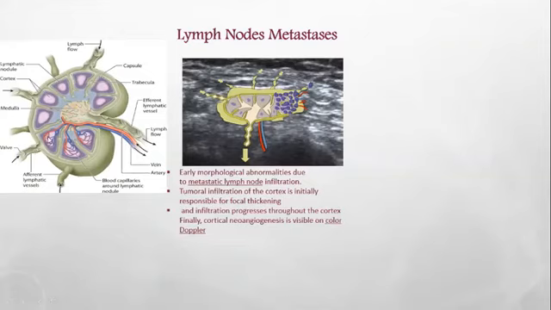Just beneath the capsule, we have the cortex, and the cortex has two parts: a superficial part and a deep part, and then the medullary portion.